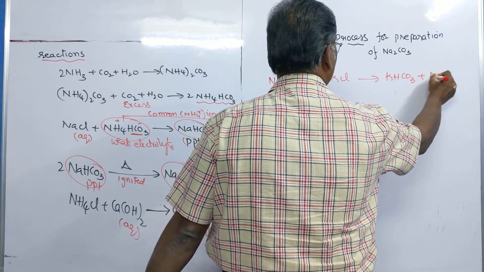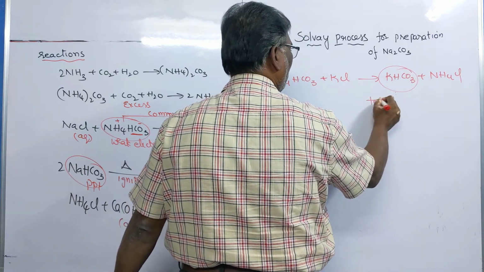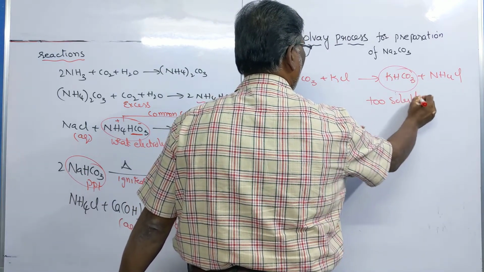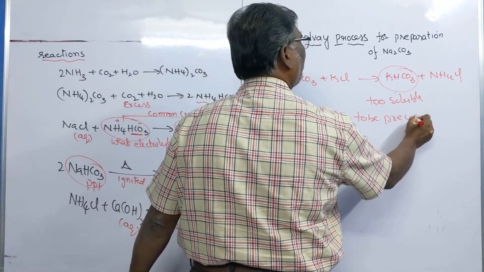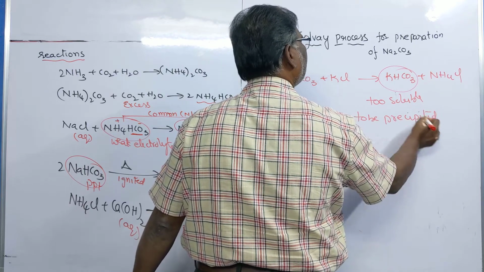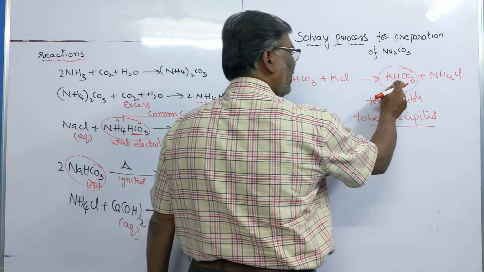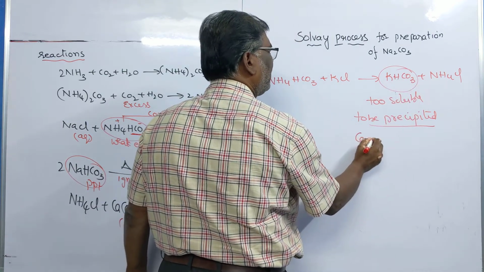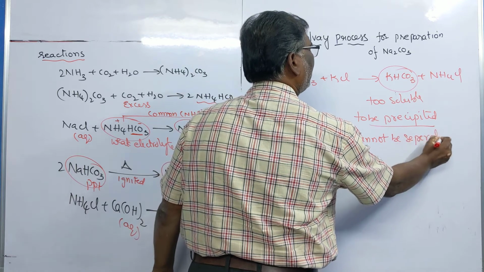You know, KHCO3 is too soluble to be precipitated, because it is highly soluble. So as it is highly soluble, it cannot be separated from the solution.